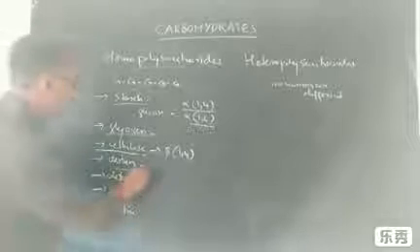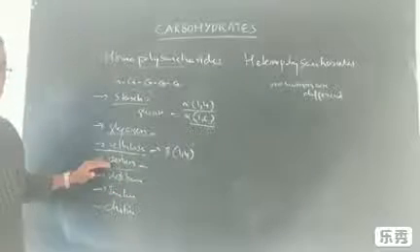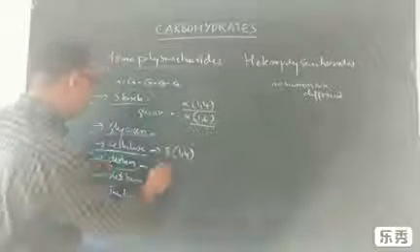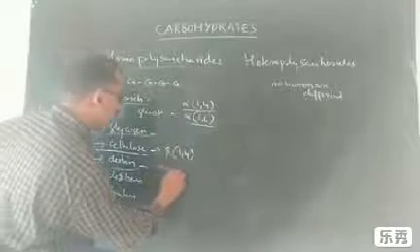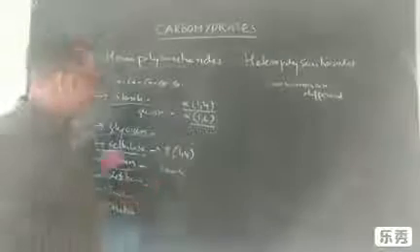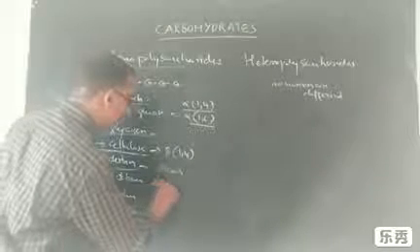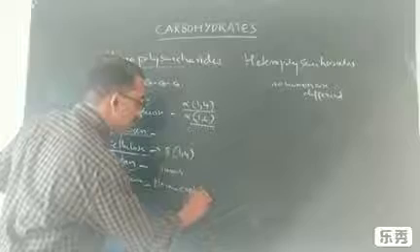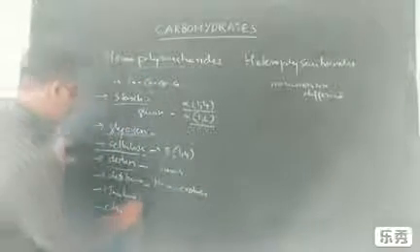Then dextrin, it is a partial degradation product of starch. And dextran, it is used as a plasma expander. Then inulin.